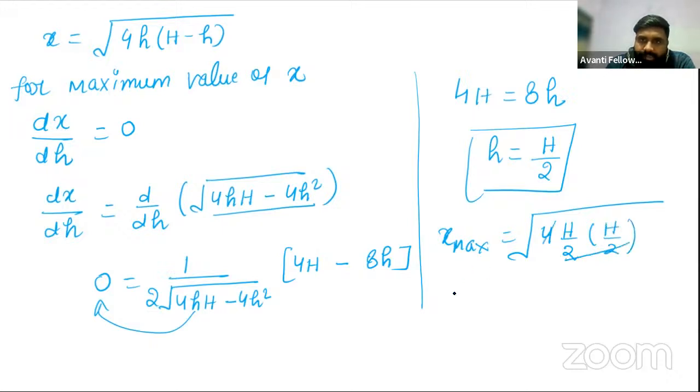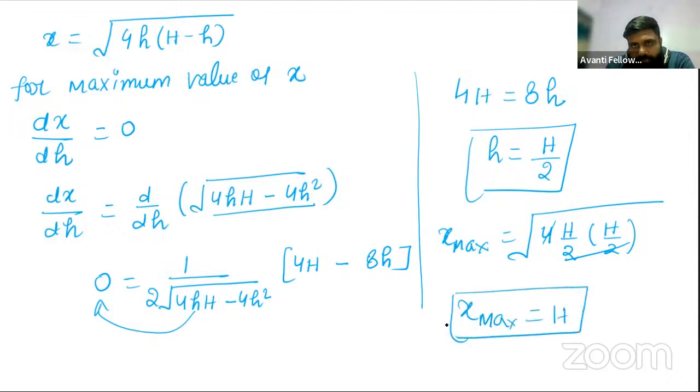So this 2 and 2 will cancel out. X maximum is equal to capital H. Okay. So this is the maximum range for a liquid that is coming out from a hole which is made at H by 2.